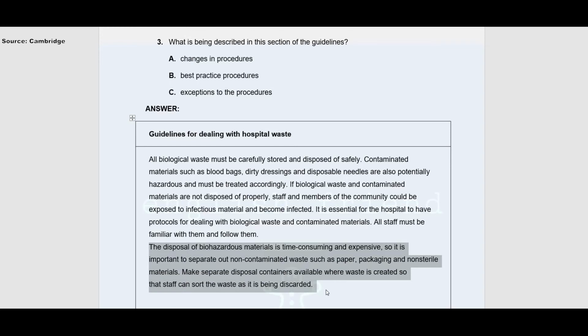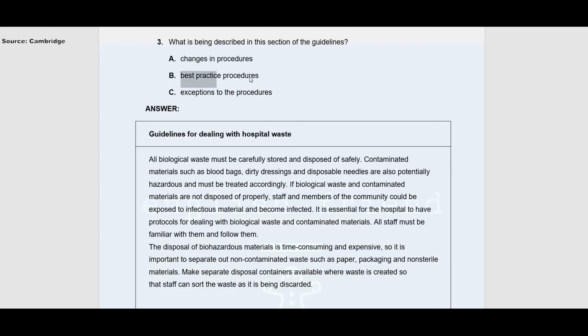In order to avoid that, they are talking about a practice that can be followed, which includes separating known contaminated wastes such as paper, packaging and non-sterile materials. So they're not talking about any change in procedure. They simply mentioned a particular procedure. That's it. No change is mentioned. So option A is wrong.